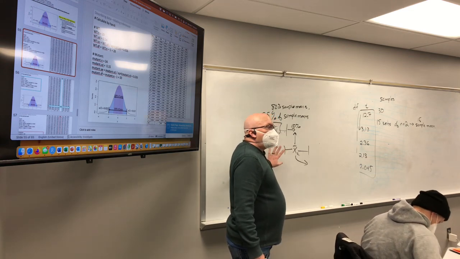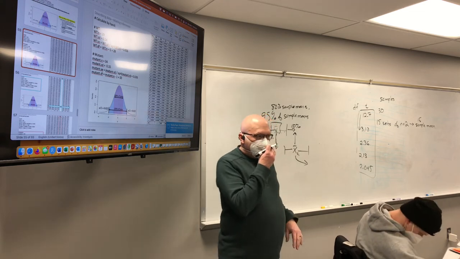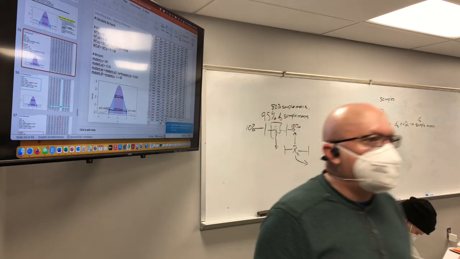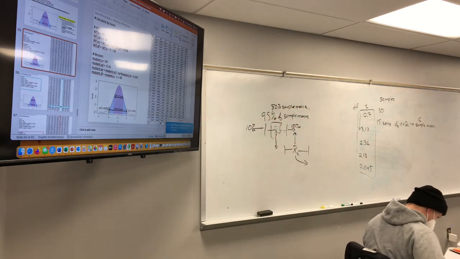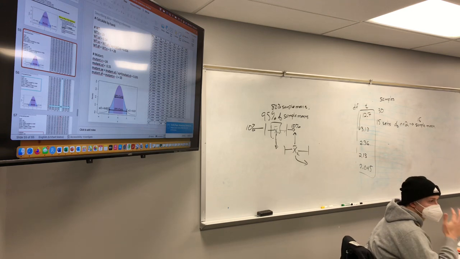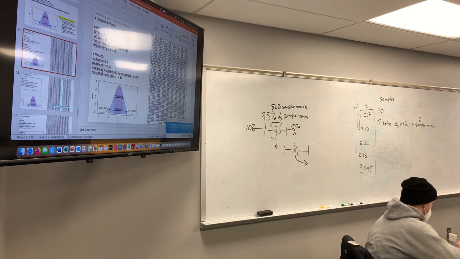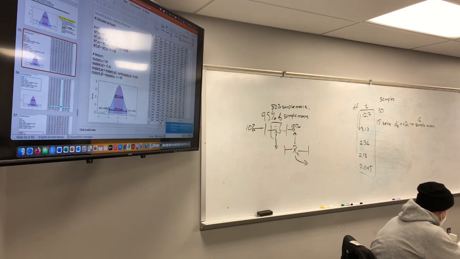And we do this far more often, trying to see if two things are different, than we do this, which is saying, how well does this estimate the population mean? We hardly ever do that. We do that all the time.